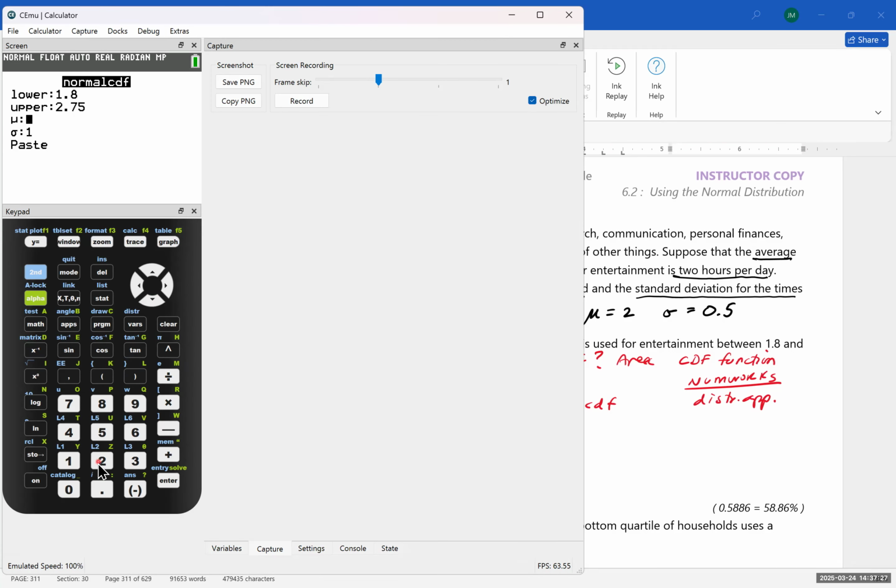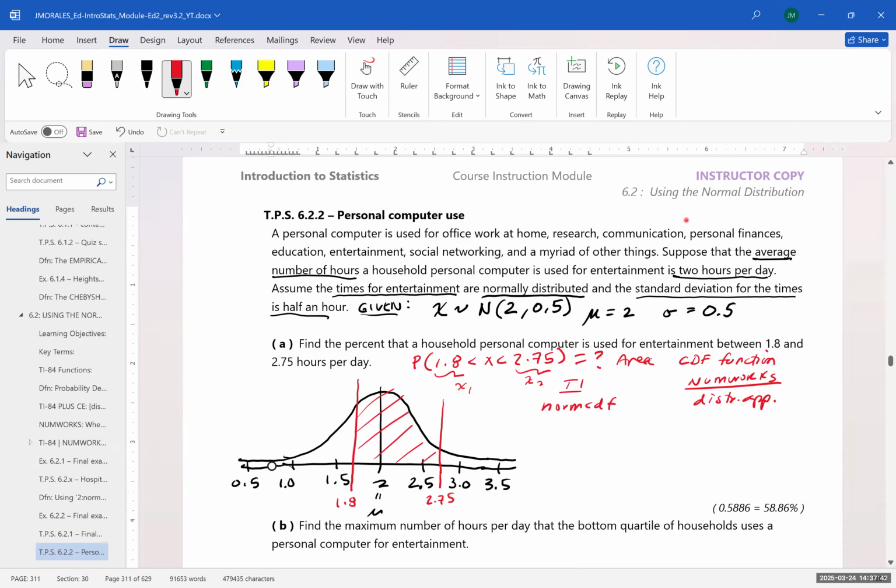And we have a mean of 2 and a standard deviation of 0.5. There we go. So that gives us 0.5886. So the probability is 0.5886 or 58.86%.